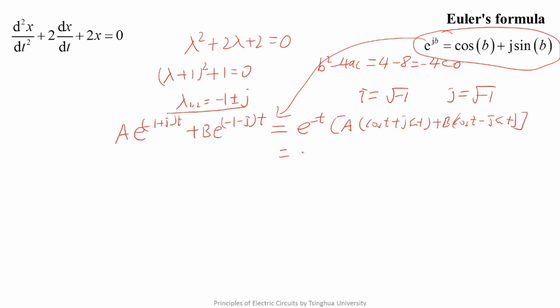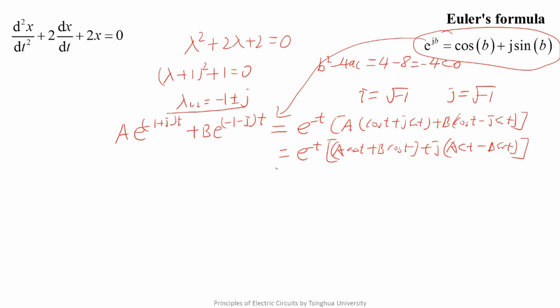Reorganize it as e to the power of minus t times (a cosine t plus b cosine t plus j a sine t minus j b sine t). This is a very complex expression also, and still not convenient for application.